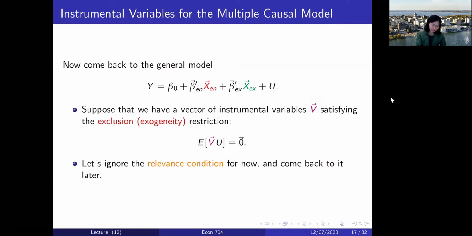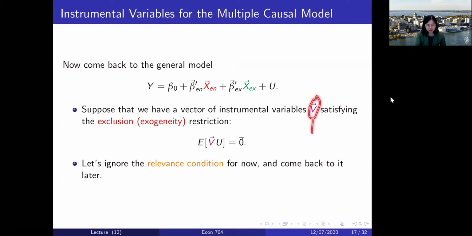What's the exclusion restriction? The exclusion restriction is basically the exogeneity, so it requires V to be uncorrelated with the structural error term U. Why is it called exclusion restriction?